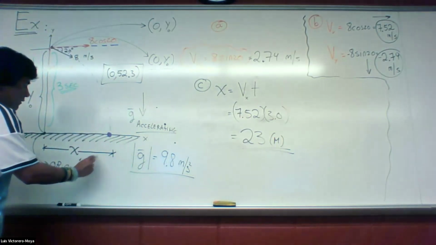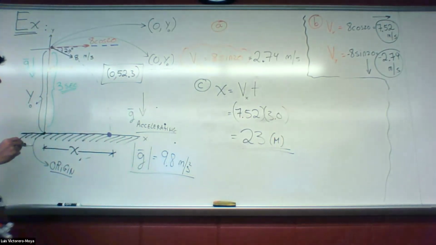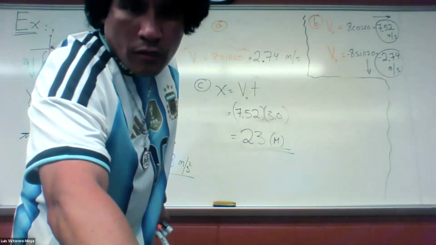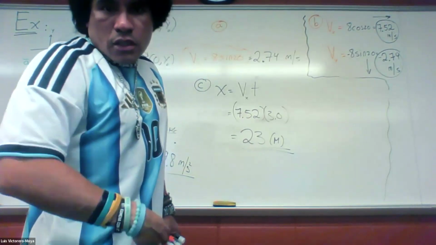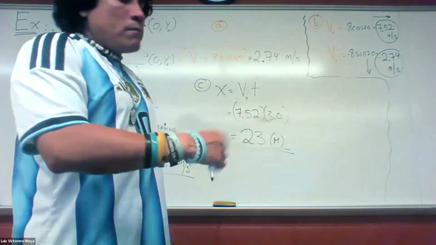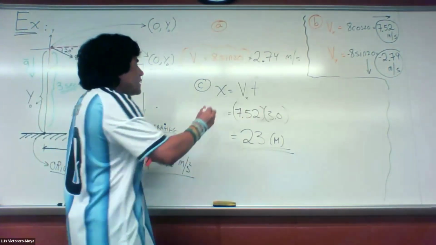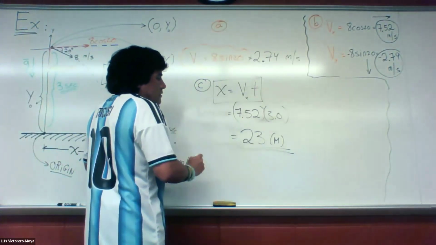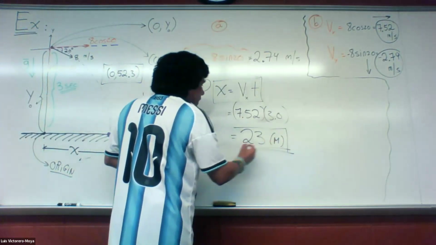So we found X, we found Y naught, which is the answer for part E, by the way. Well, let's see part C and part D. Part C is asking you to write this. Okay. And part D is to find that. So what's the horizontal distance? What's the range?